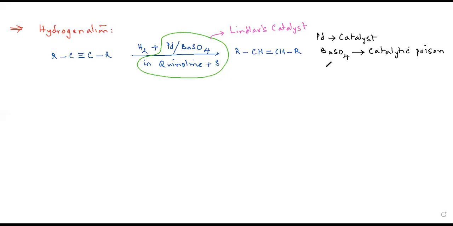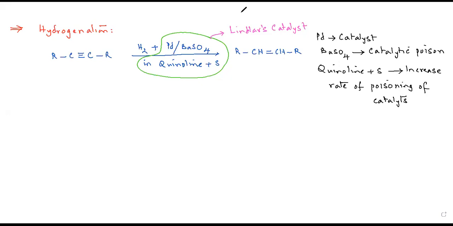And there is something like quinoline sulfur. What is the use of this? Yes, quinoline sulfur is of course used to increase the rate of poisoning of the catalyst. Very interesting.